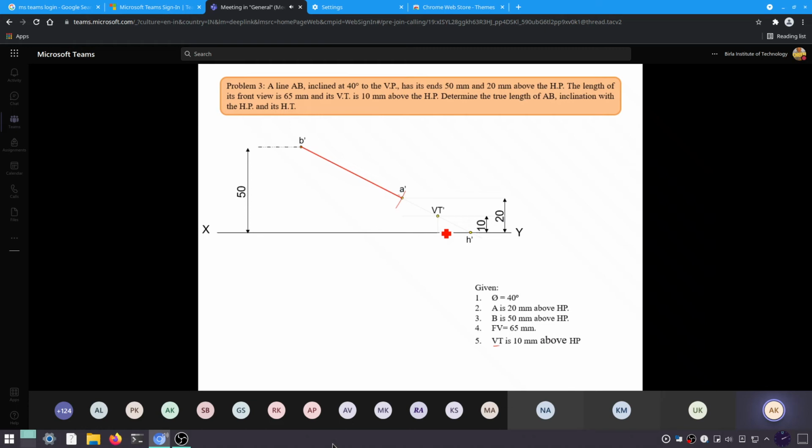Small v. And we know the other information that small v and capital H and the top view will lie in the same line.